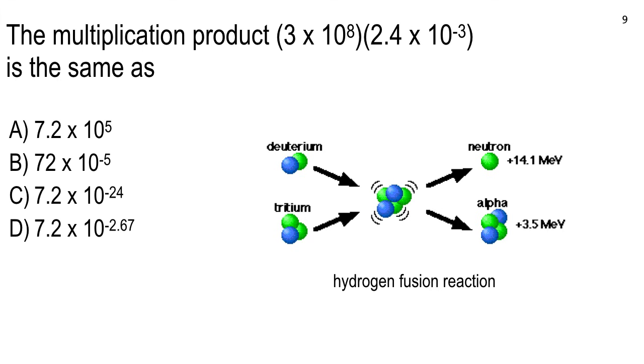Yeah, most of you guys got that right. I was looking at that and I thought, oh, wait a minute, I forgot a decimal point, but A is the correct answer on that one.